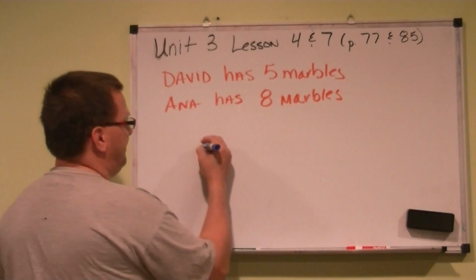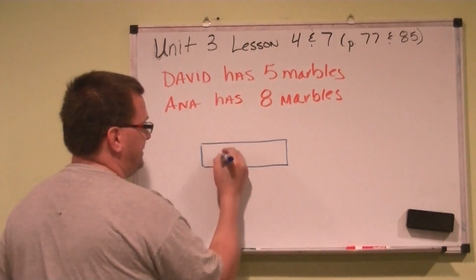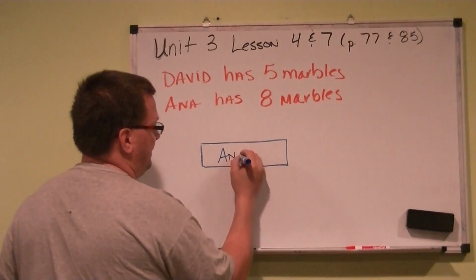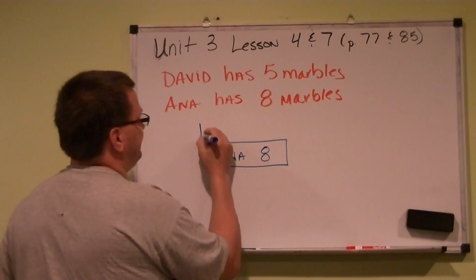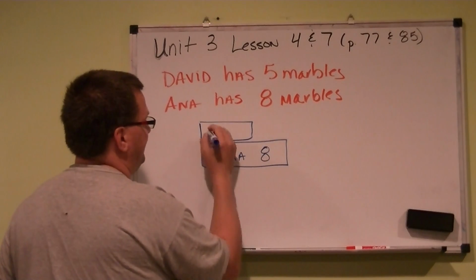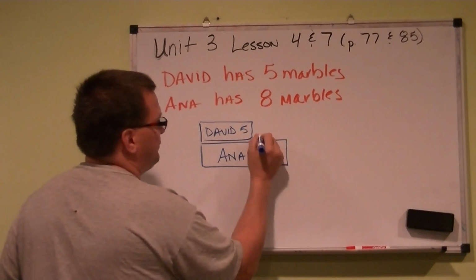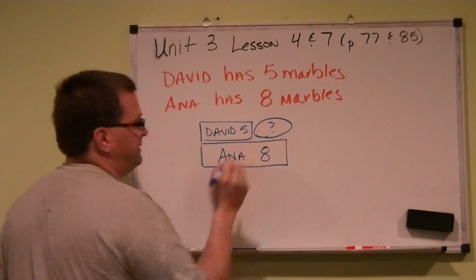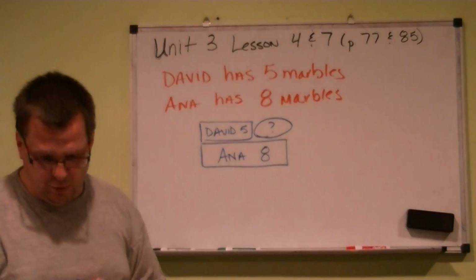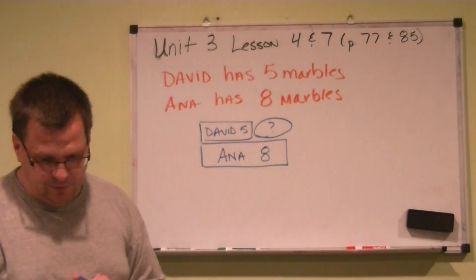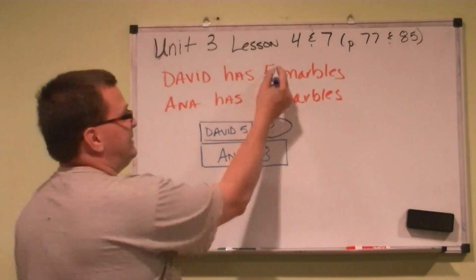You can see down on that page, you're going to see one has Anna, and she has 8, and then David has 5. We're all trying to figure out what this extra is, to answer our two questions in number 1 and 2. So basically it's 8 minus 5.